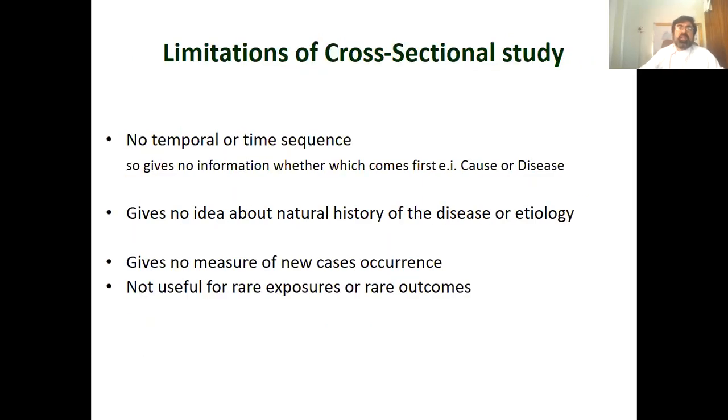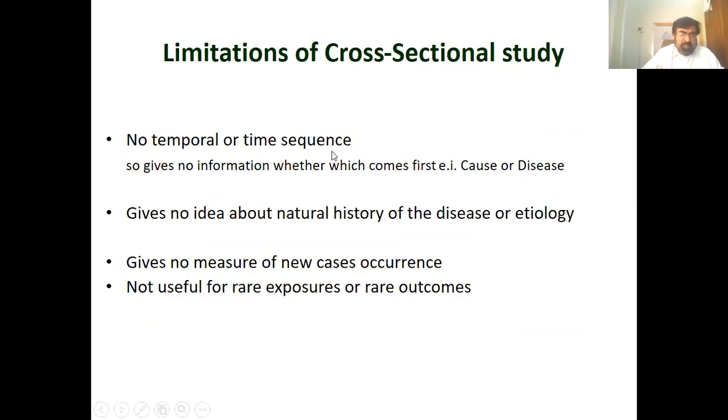disease. Limitation: no temporal or time sequence, so it gives no information on which comes first, the cause or the disease. It means that if you don't spend the time, you will not know whether the disease comes first or the factor comes first.